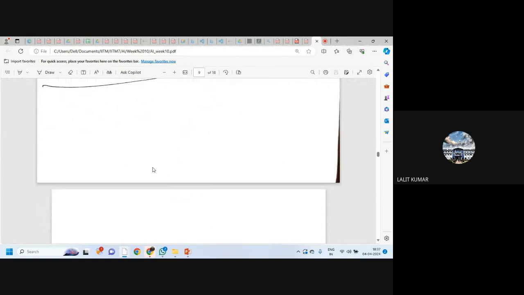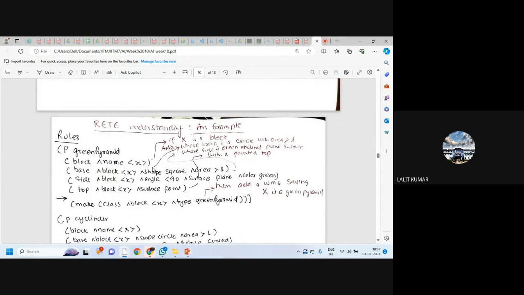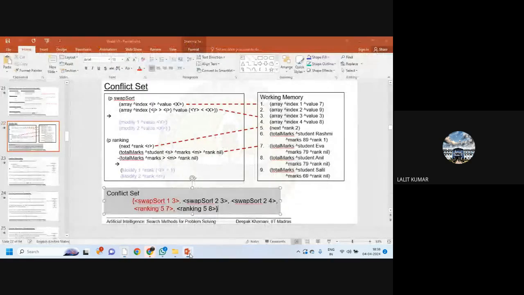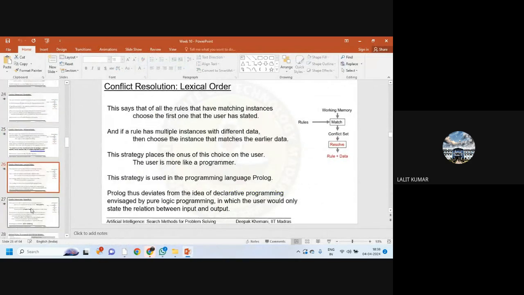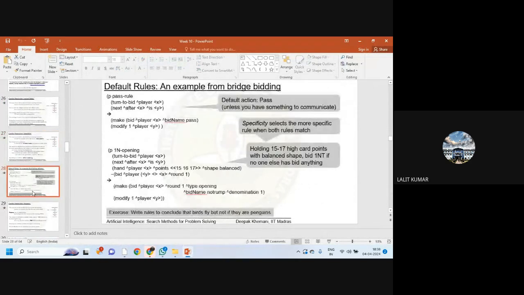So with this, I will come to the understanding of the ReteNet with a simple example, which the professor had covered. So this slide, I will show you. I request all of you to go through this slide, and then we can discuss in case there is some confusion.